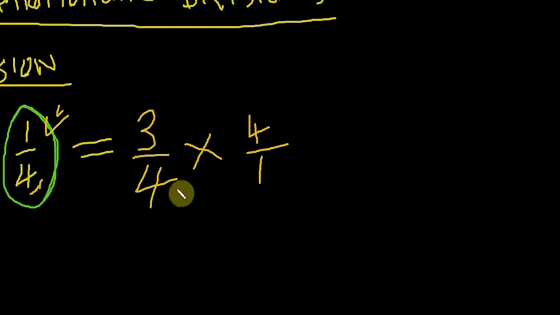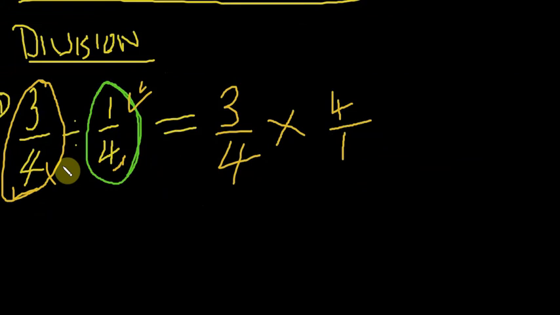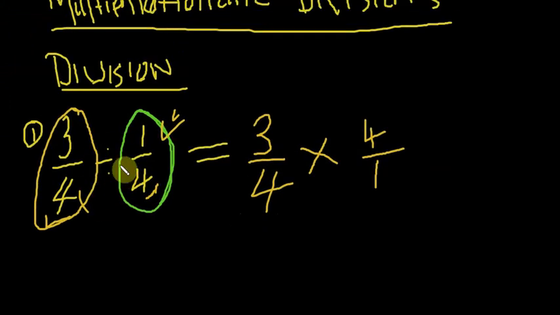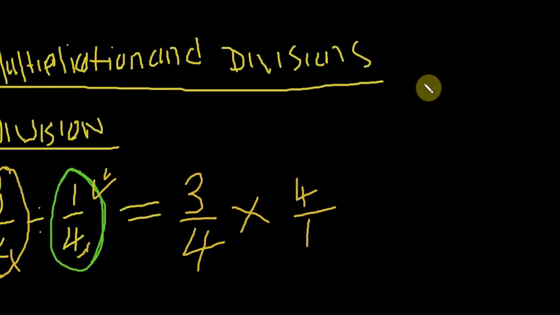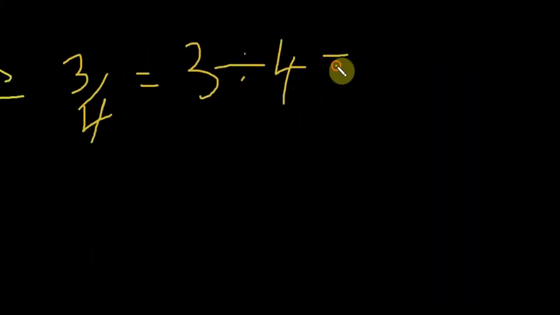So I'm wondering right now, why can't we use division? The reason is because 3/4 means the same thing as 3 divided by 4. This can be written as 3/4.